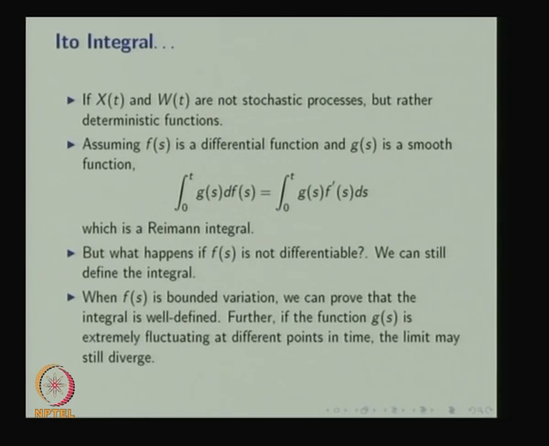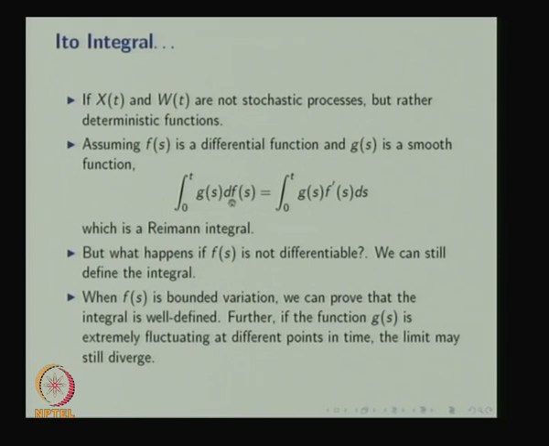If X_t and W_t are not stochastic processes but rather deterministic functions, then the situation is different. Assuming f(s), that means we discuss a deterministic situation, we write the integration from 0 to t of g(s) df(s), where f(s) is a differentiable function and g(s) is a smooth function.